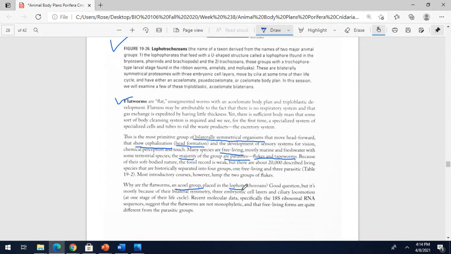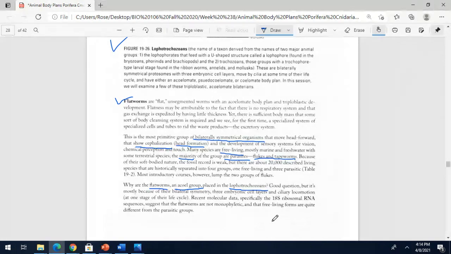But they are in the Lophotrochozoans. Then we'll see why they have this thing here. The reason is because they have bilateral symmetry and 3 embryonic layers, so these are triploblastic: ectoderm, mesoderm, and endoderm.